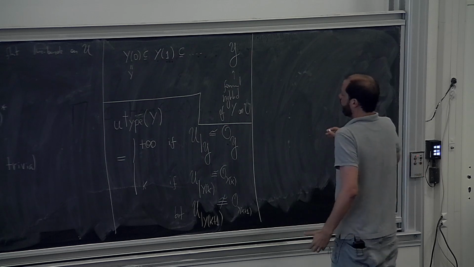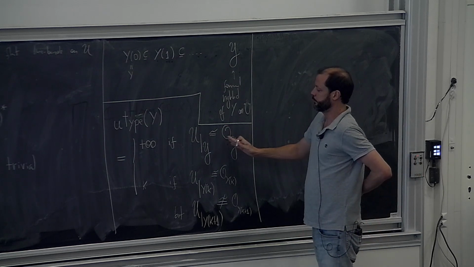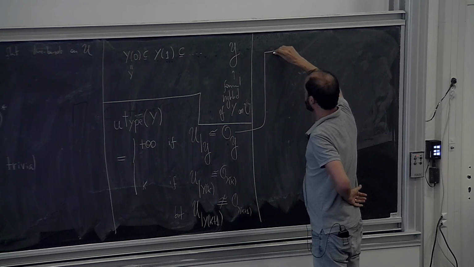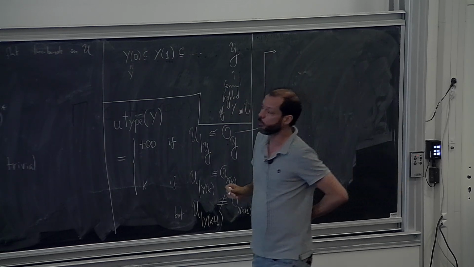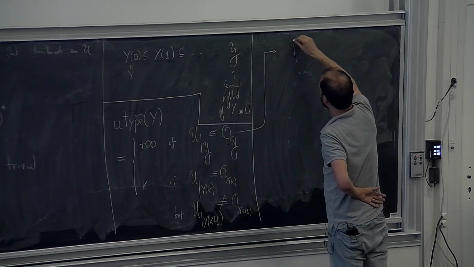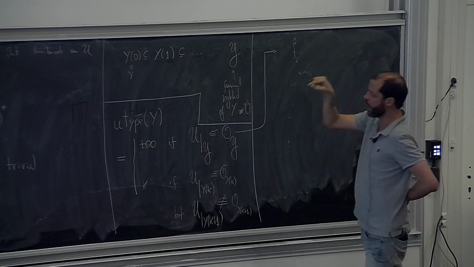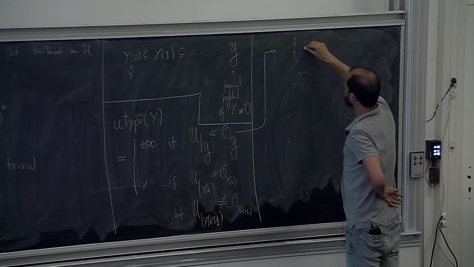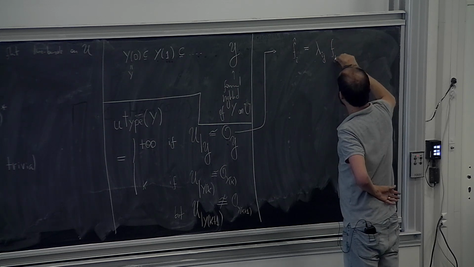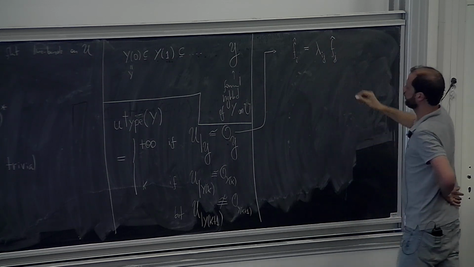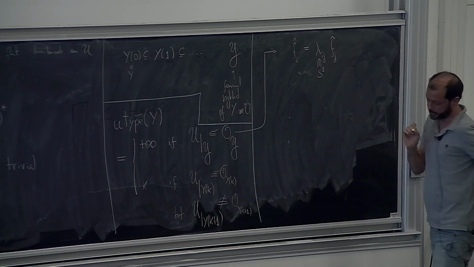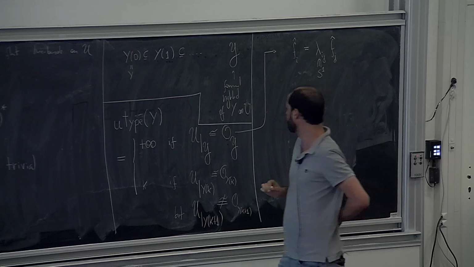As I said, this condition is equivalent to having formal functions fi defining Y, which relate by lambda ij, a complex number of modulus 1.